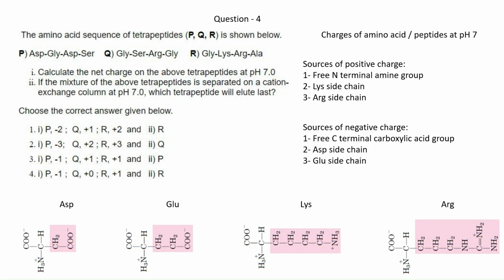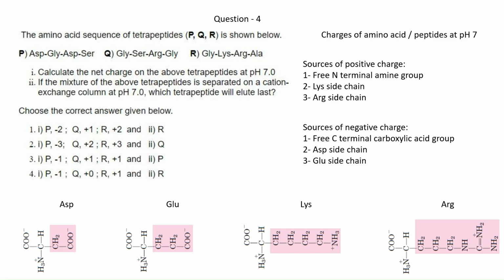So we just need to consider the charge of side chains when we are calculating at pH 7. If the pH is differing from 7, then you will have to consider the terminal groups depending on the pH. But since we are calculating for pH 7, we just need the information of the side chains.